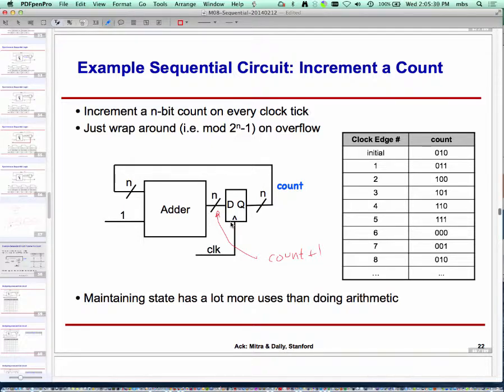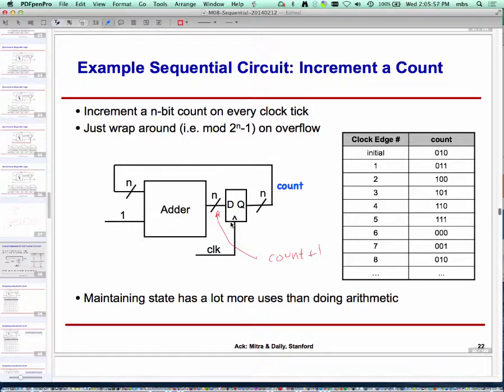So what is the state in plain English? It's the number of clock cycles that have passed since the system started. In this system, the state, namely the n bits stored in those flip-flops, is telling us how many clock cycles have passed since we started.